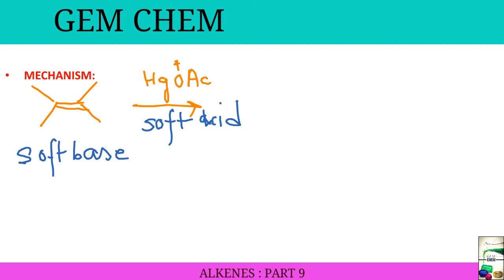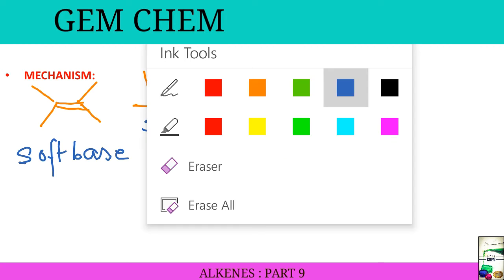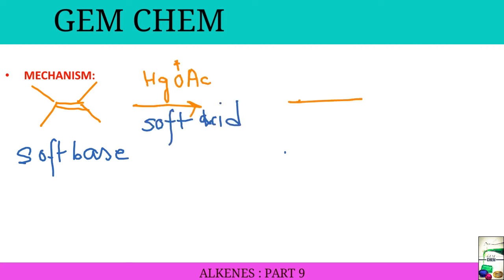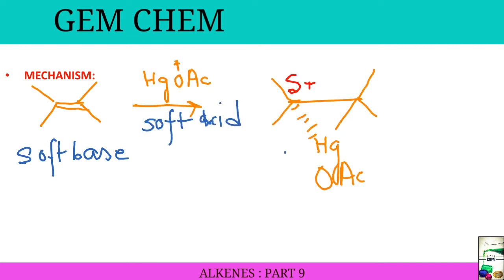There is a formation of a cyclic mercury-bridged carbocation. Okay, let us see. This is our alkene. Now when mercury, HgOAc, gets attached, the charges here are delta positive on both carbons. Now comes the water.